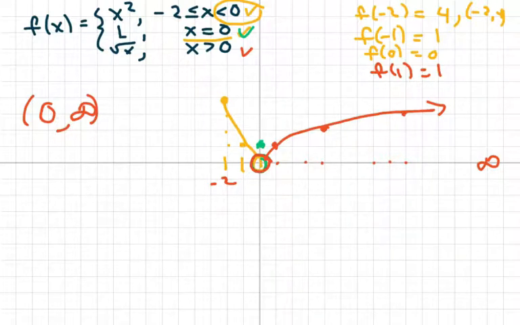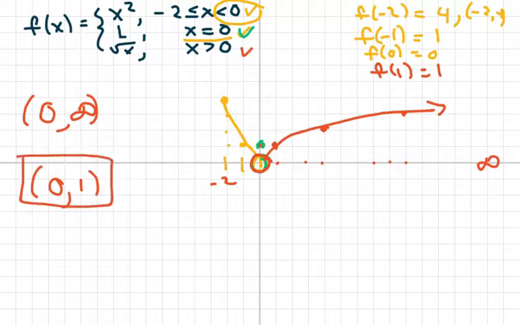I can keep going on and on. And we already did our function notation. Any intercepts? Yes, there are no x-intercepts, but we do have a y-intercept. So when x is 0, y is 1.